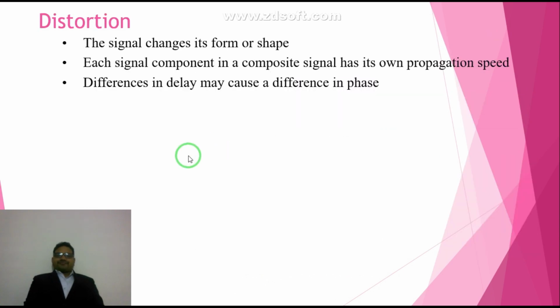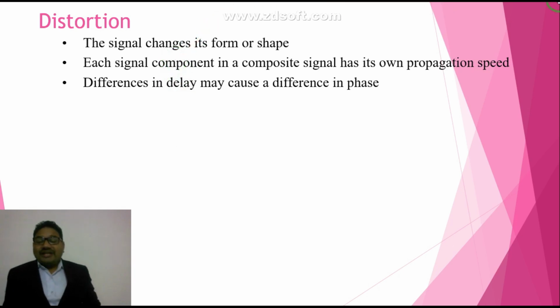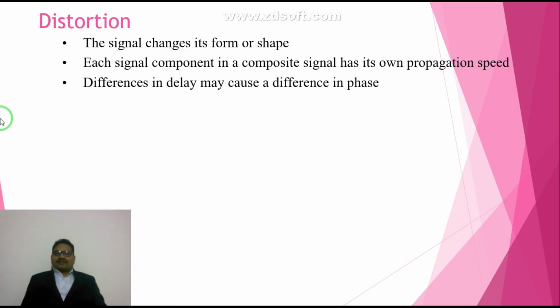Understood guys? Now, the second impairment is distortion. Distortion means the signal changes its form, changes its shape. A composite signal consists of different signals of different frequencies, and each of those signals has its own propagation speed.